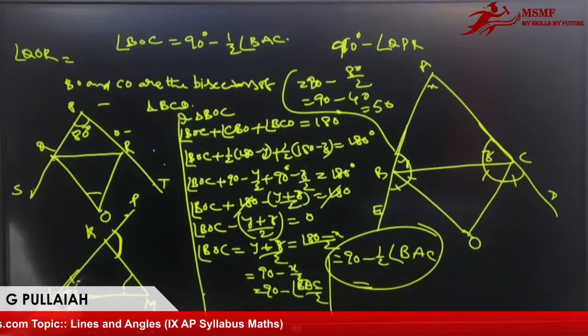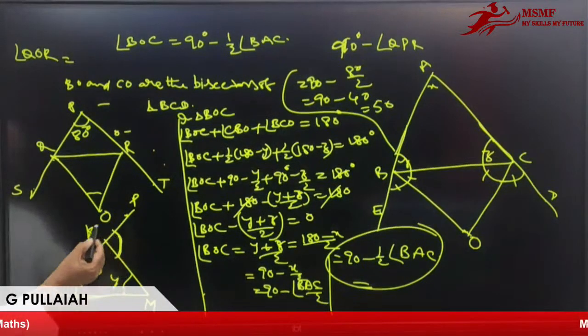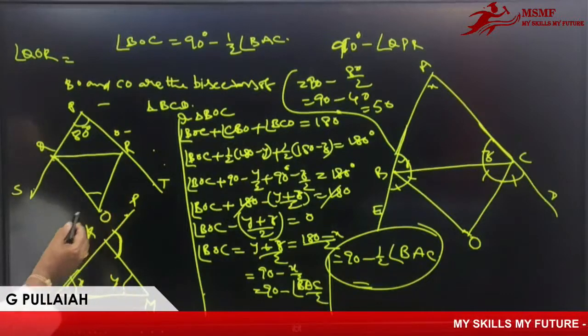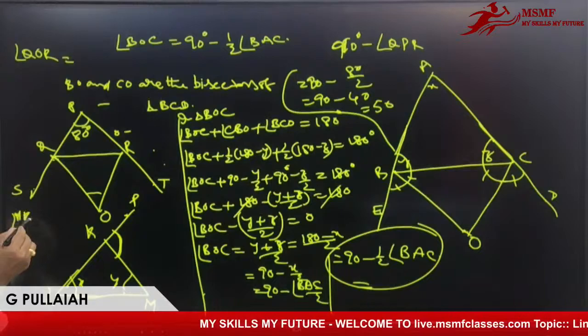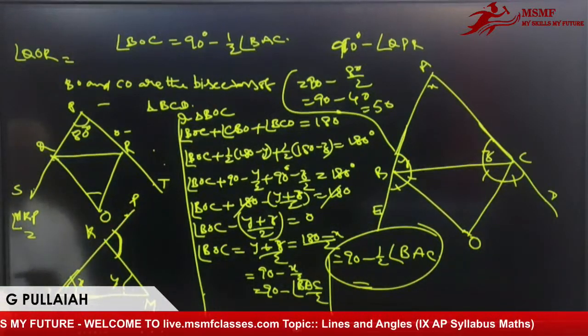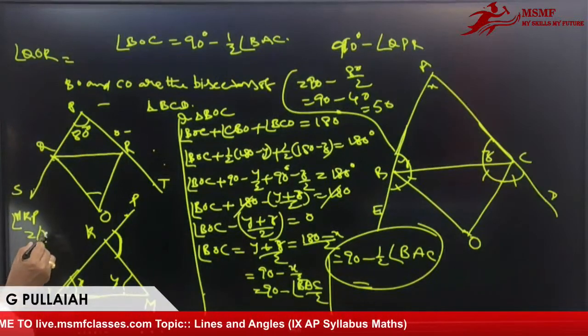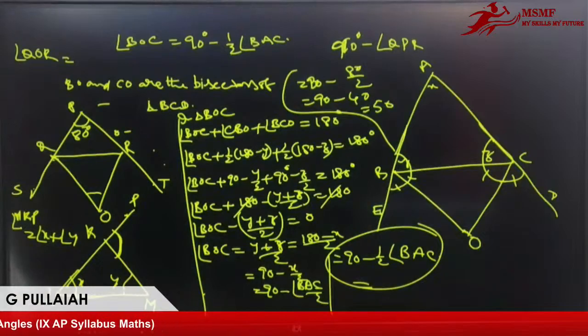So say this is x and this is y. Now angle MKP is angle x plus angle y, the two interior angles.